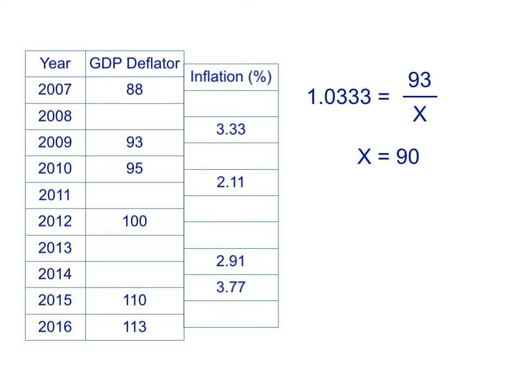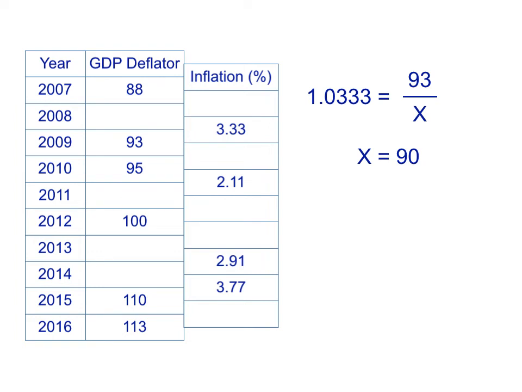So firstly, I would say that my nominal GDP divided by my real GDP is going to give me my deflator. The deflator divided by the previous deflator is going to give me my inflation. So for the first one that I'm going to do, it is between 2008 and 2009.